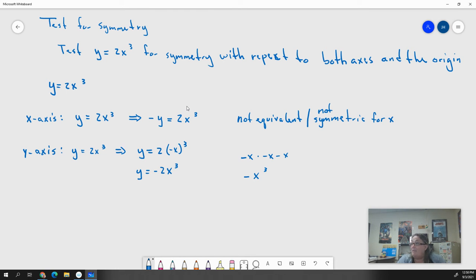That is not the same as y equals 2 times x cubed. Is it the same? Because that's the question we're asking: is this the same as this when we're done? And in this one, no, it's not. Not equivalent, so not symmetric.